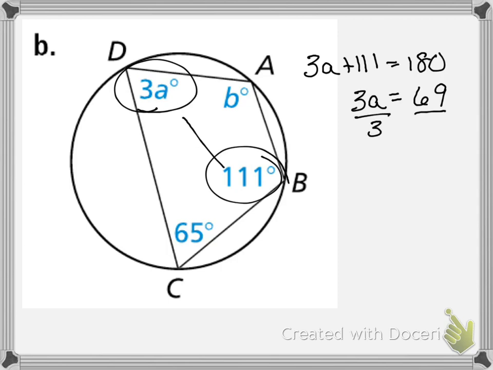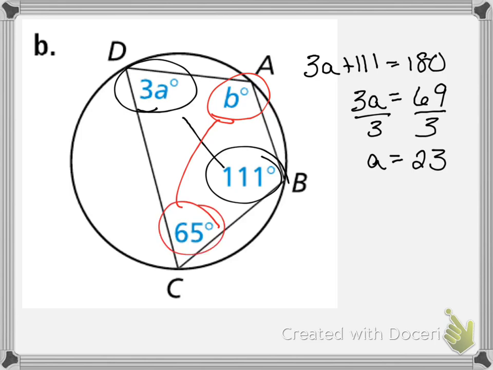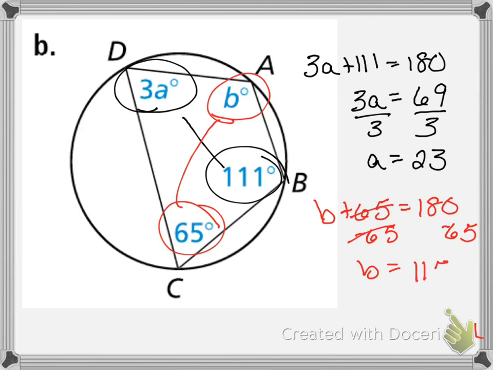Divide both sides by 3. A is 23. Now let's find B. We know B and the 65 have to be supplementary, so B plus 65 has to equal 180. Subtract 65 from both sides. B would be 180 minus 65, which gives me 115 degrees. So there we have B, and here we have A.